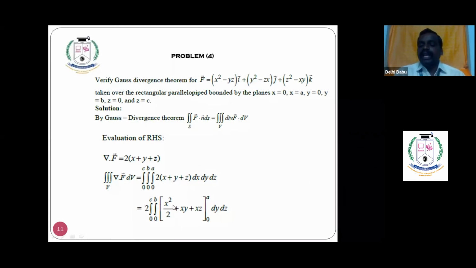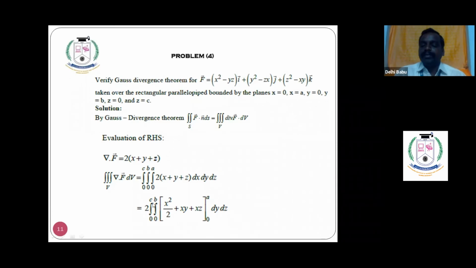Put x = a: a²/2 plus ay plus az. This is for the upper limit. For the lower limit x = 0, 0 squared is 0 and 0 into anything is also 0, so all the terms will be 0.